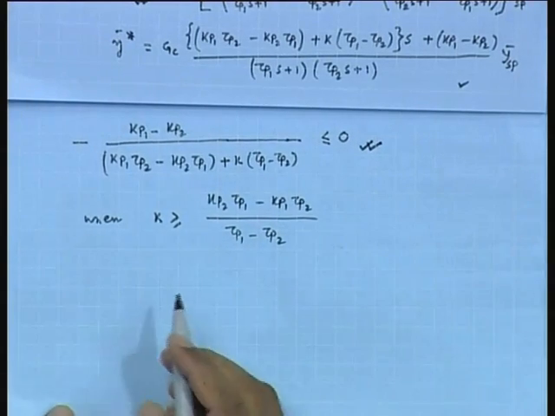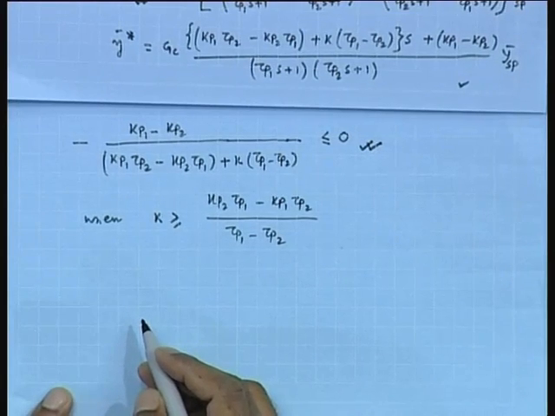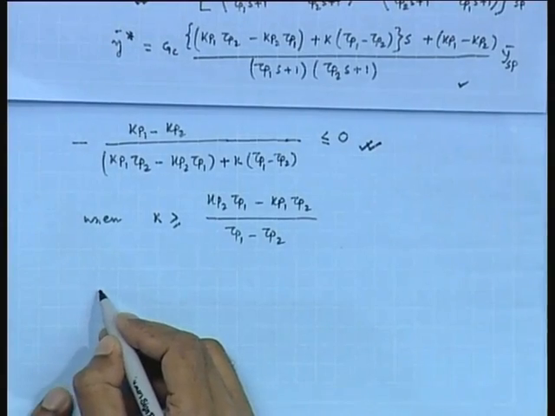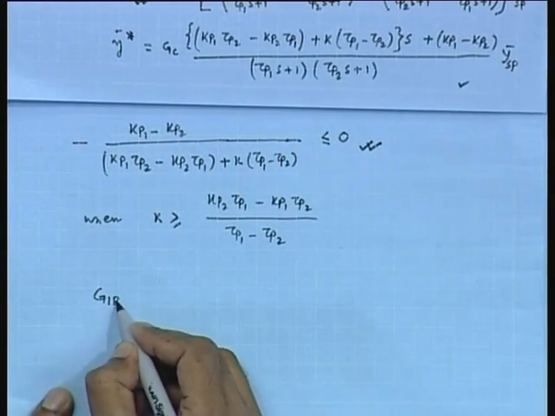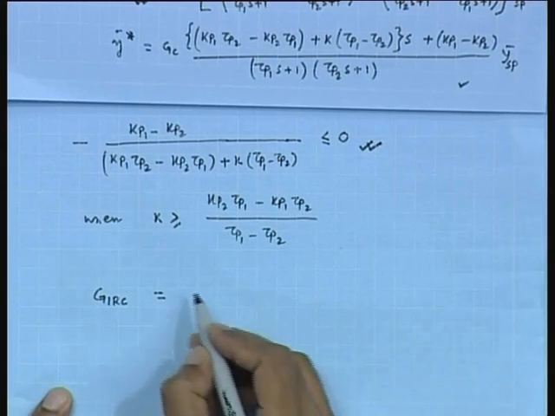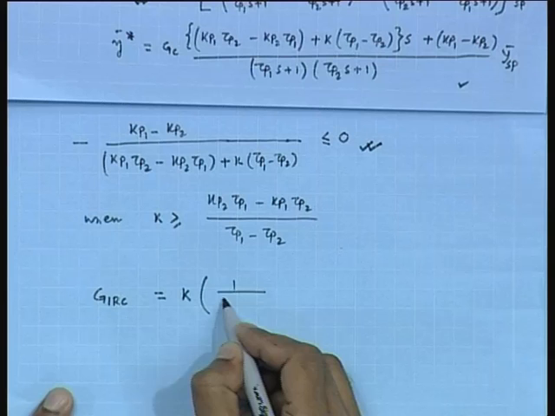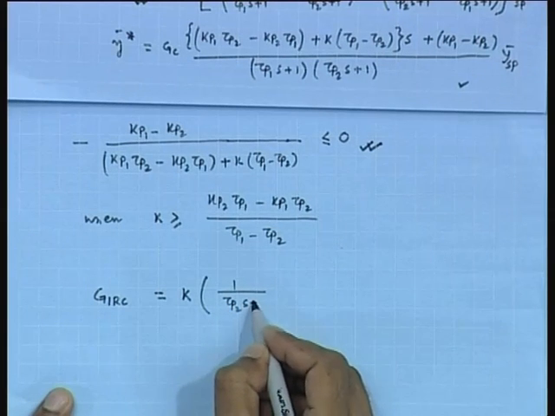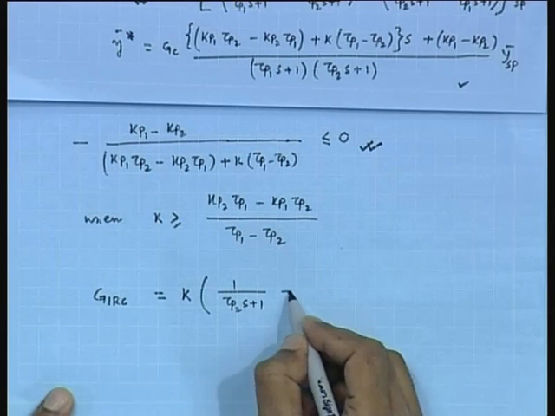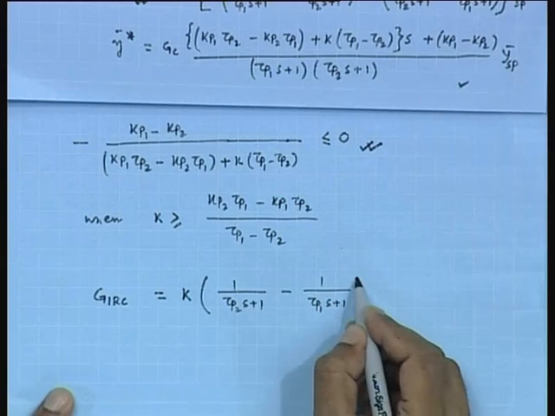Now, what is the transfer function for the inverse response compensator? The transfer function for the inverse response compensator we can write as k multiplied by 1 divided by tau p2 s plus 1 minus 1 divided by tau p1 s plus 1.